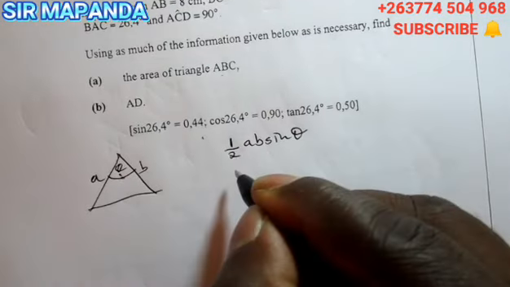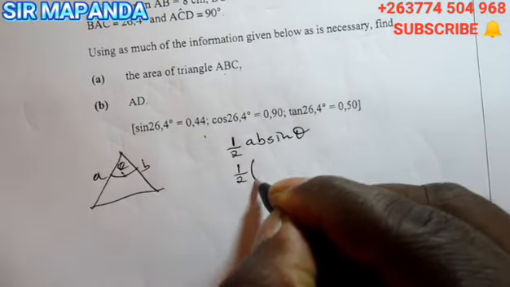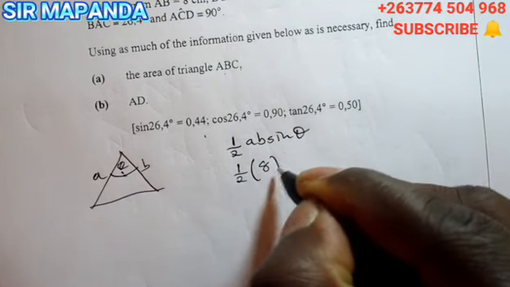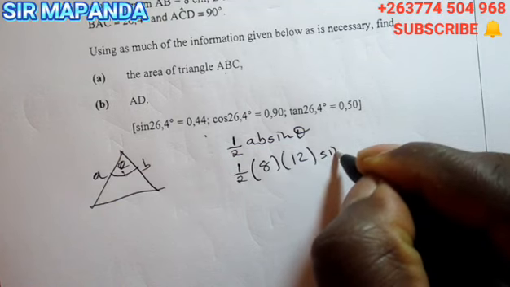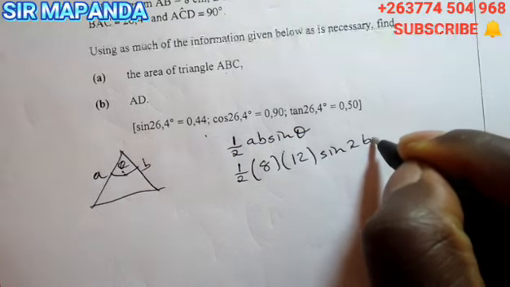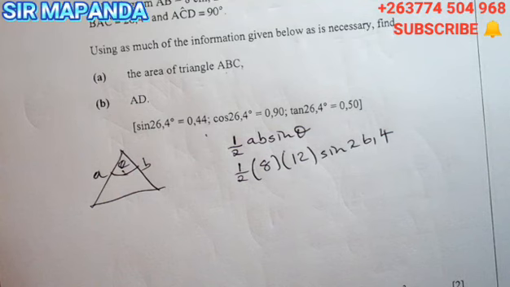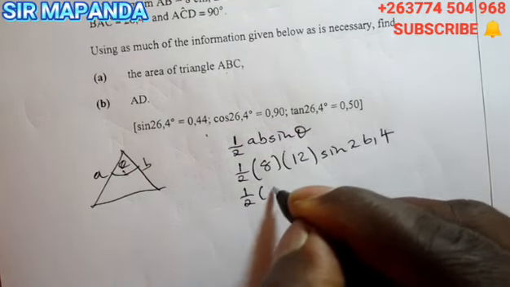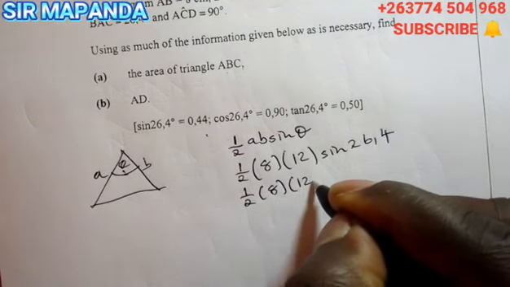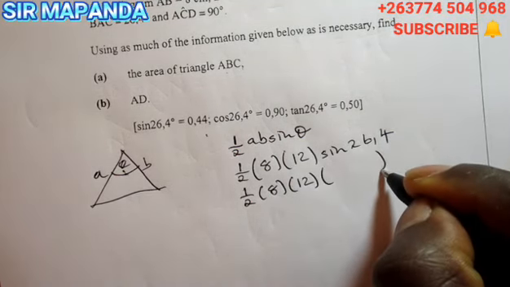So I'm going to substitute those values. On A, I'm going to put 8. On B, I'm going to put 12. Then you write sine 26,4 like this. I hope you are following, class. Then it's half, open bracket 8, 12, close bracket.